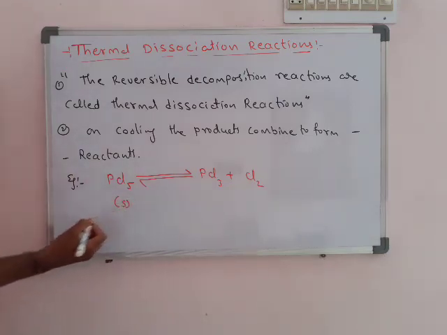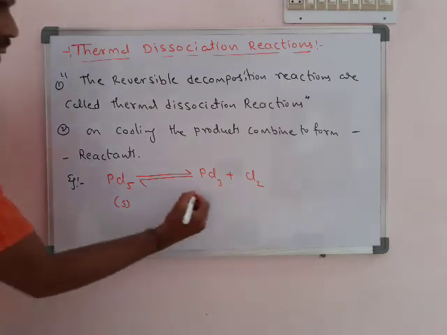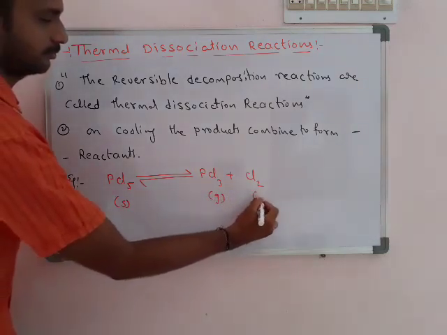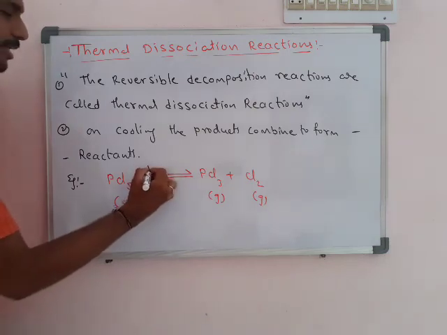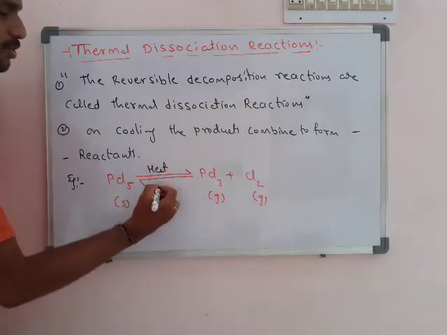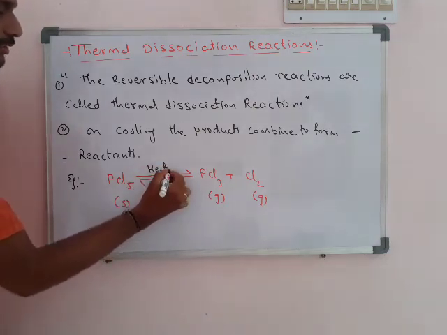PCl5 is the solid, the others are gas. The forward reaction takes place on heating. For the forward reaction we must heat, and for the backward reaction we need to cool it.